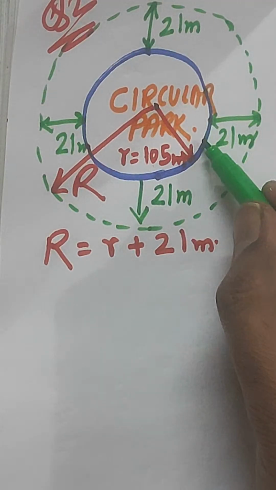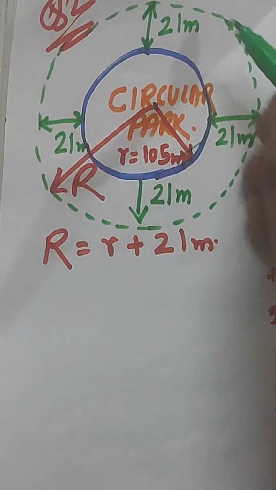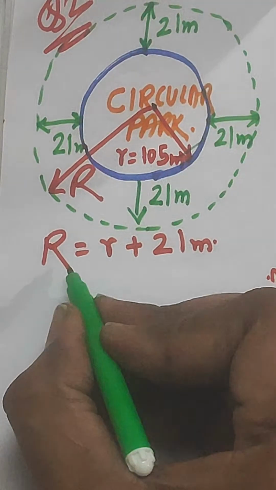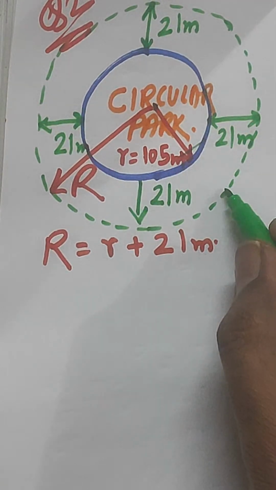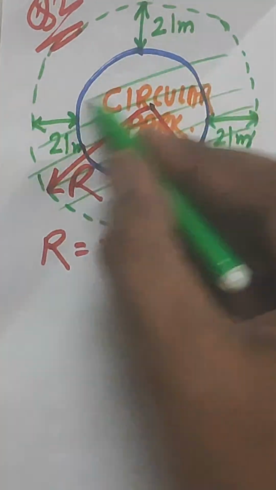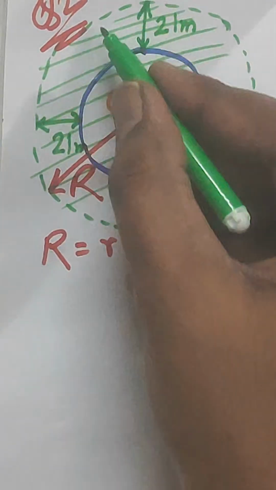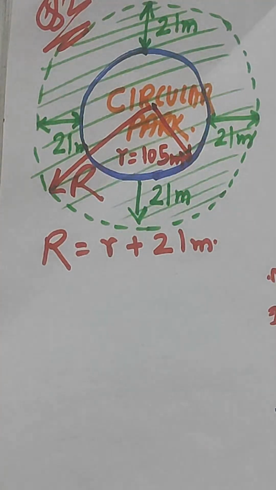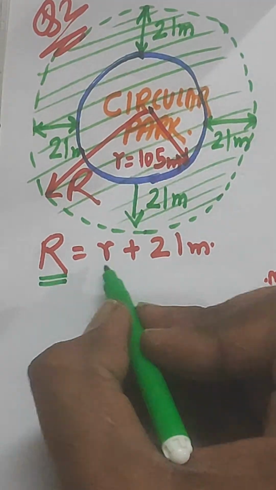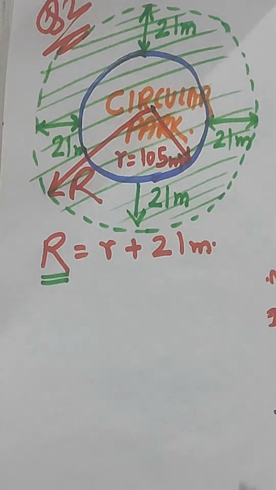Because this circular park is surrounded by a 21 meter wide path. So the bigger circle will have a radius of capital R, and that is equal to small r plus 21.